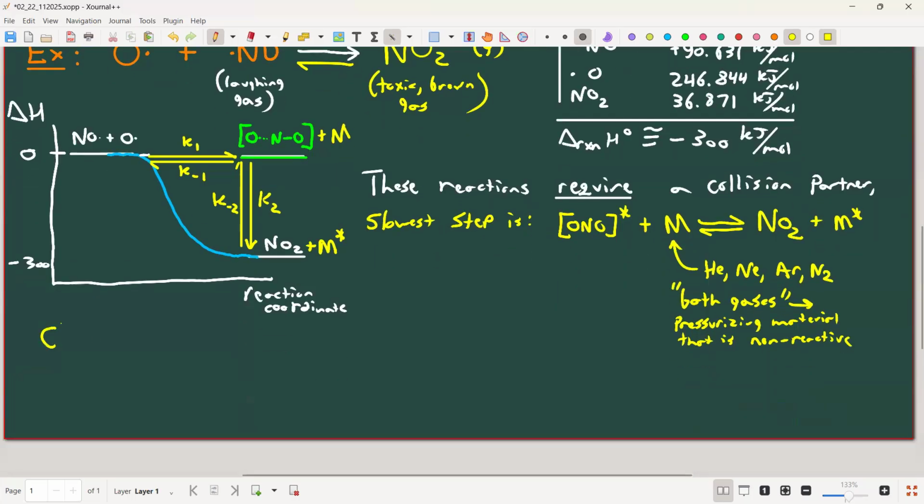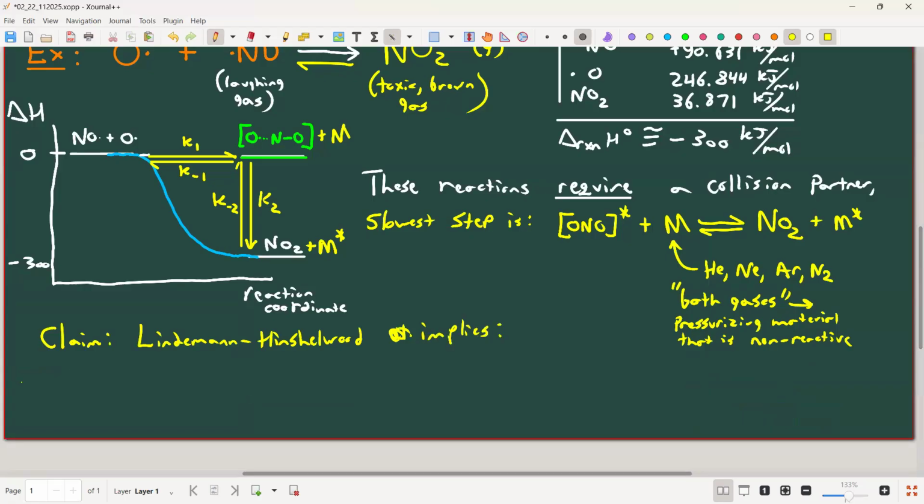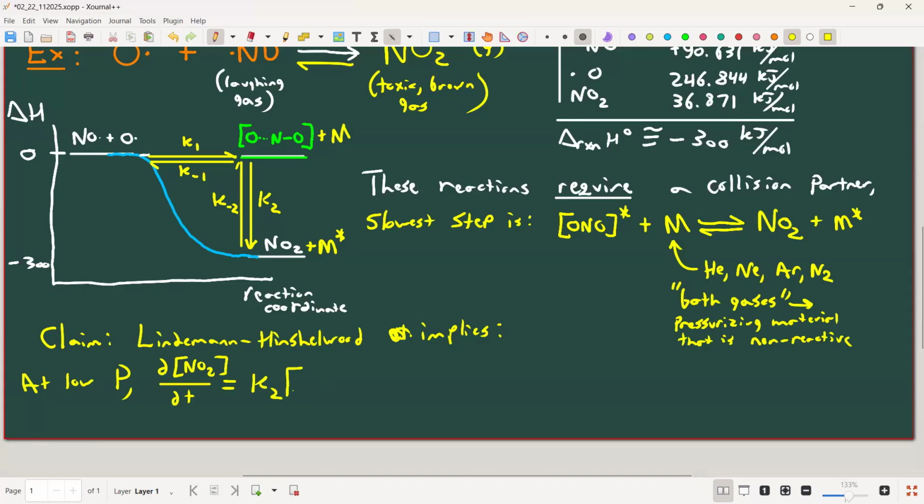And the claim would be that, applying Lindemann-Hinshelwood, at low pressure the rate of formation of NO2 is going to be equal to k2, the collision rate, times the concentration of M times the concentration of excited NO2.